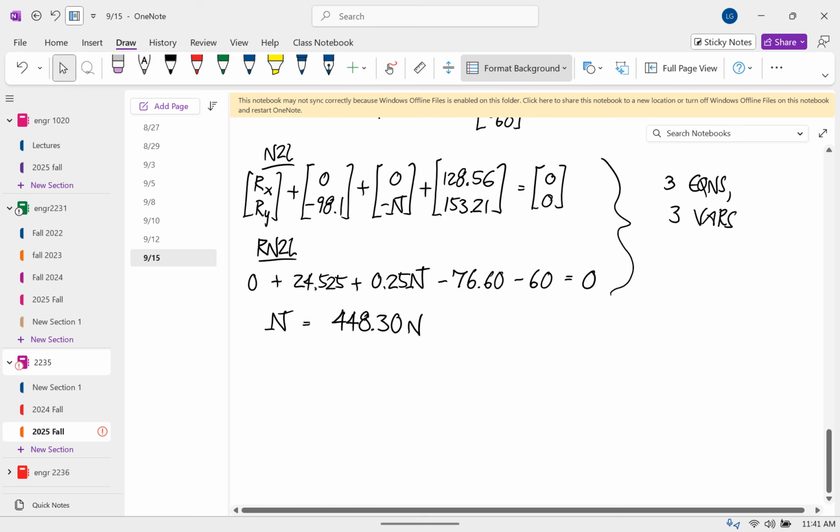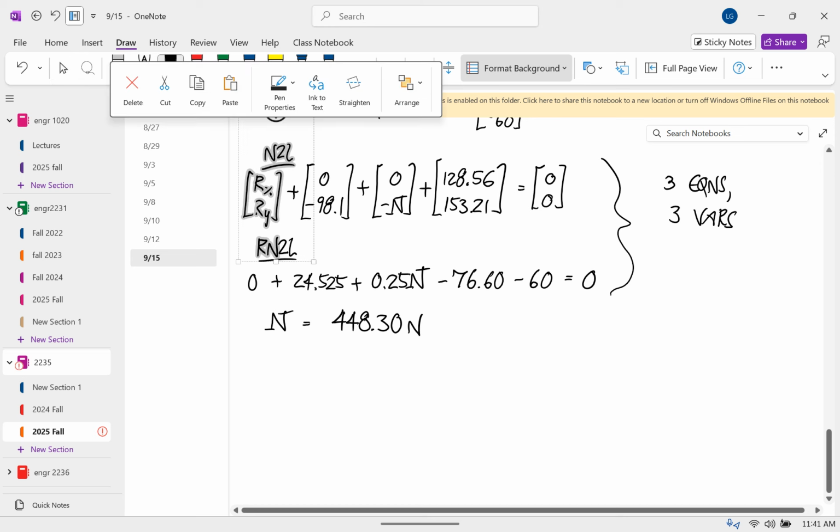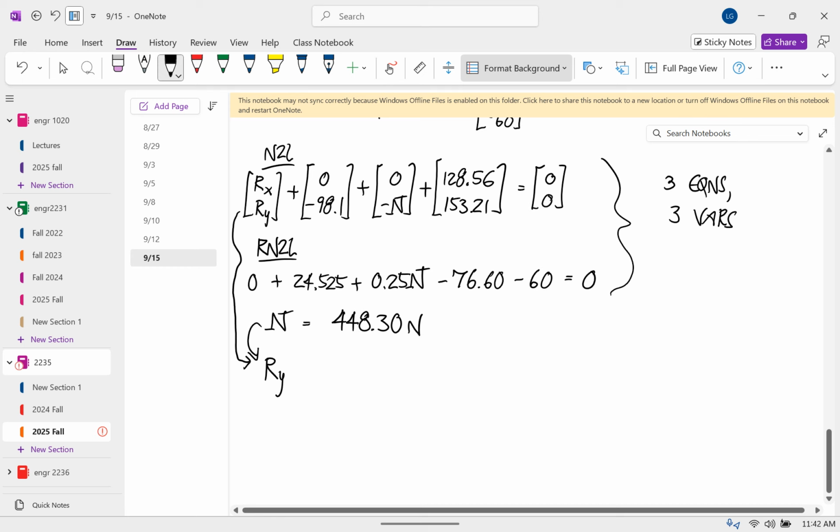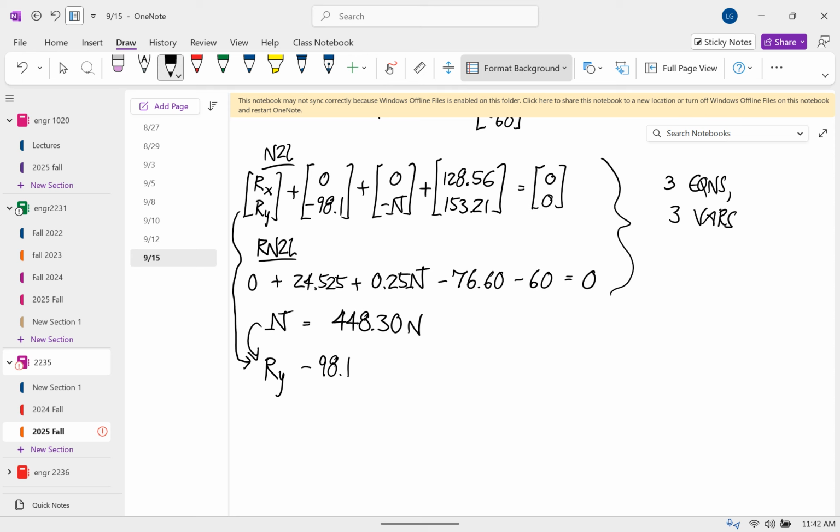And then, so now we have Ry minus 98.1, minus 448.30, plus 153.21 is equal to 0.